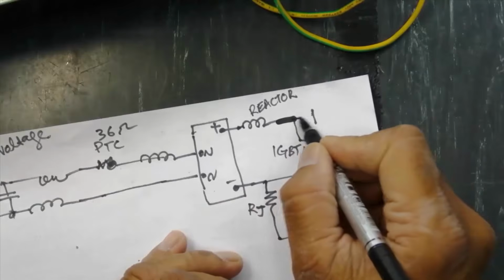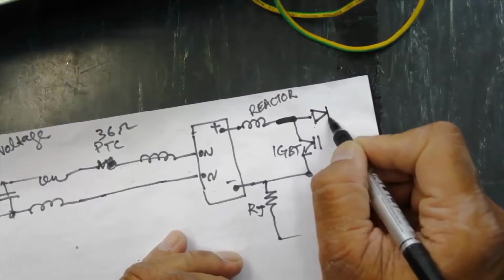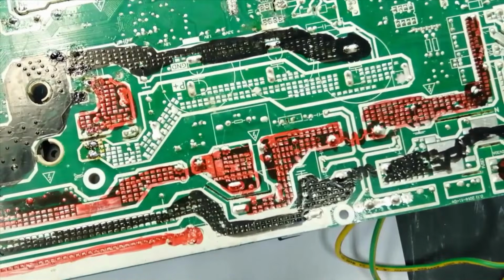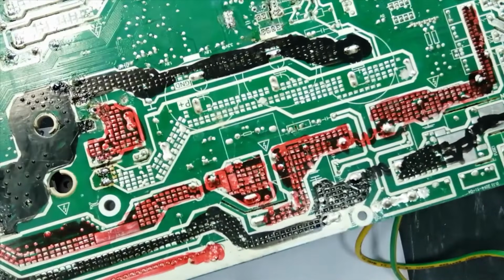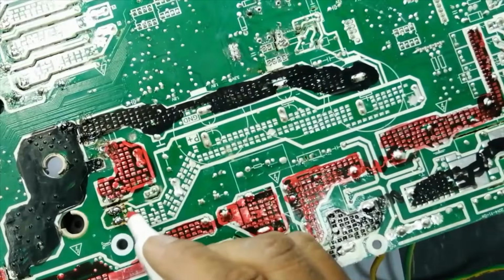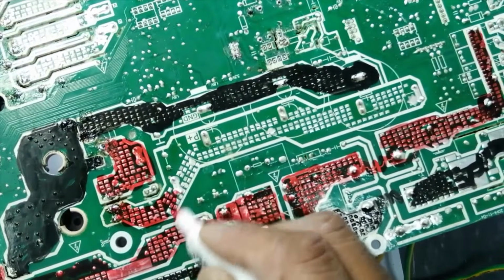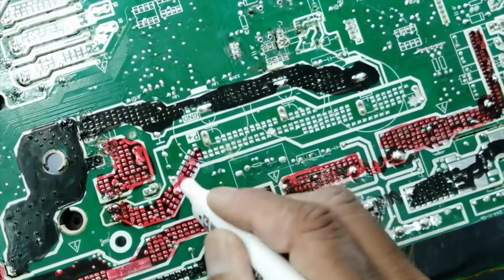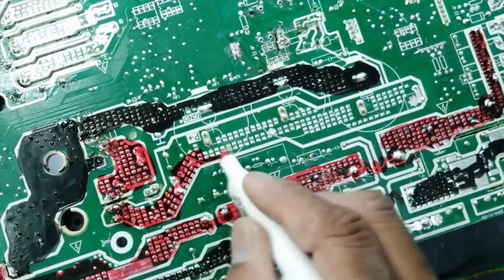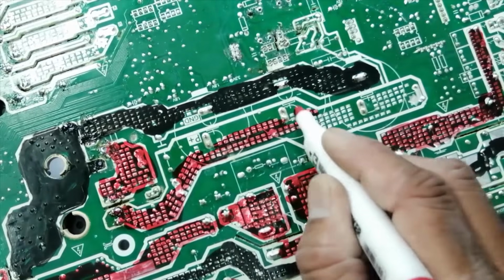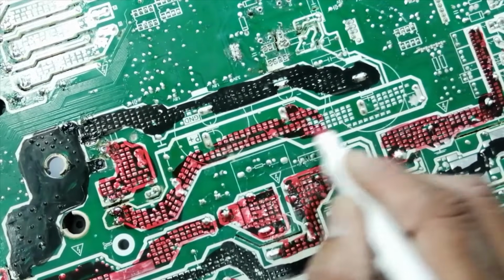So we will receive this voltage at the rectifier. On the cathode side, this power rectifier is transistor shaped, IGBT shaped, but it is not an IGBT. It is a power rectifier, a high current rectifier.